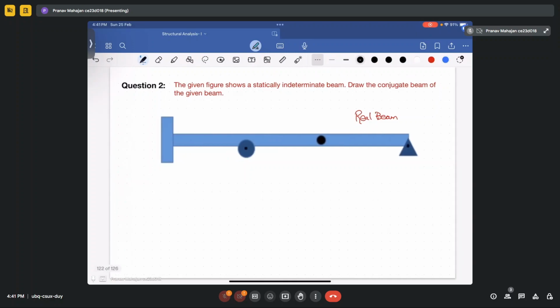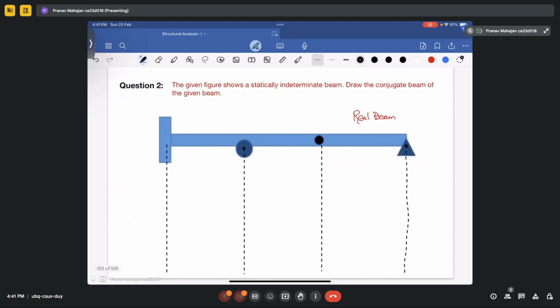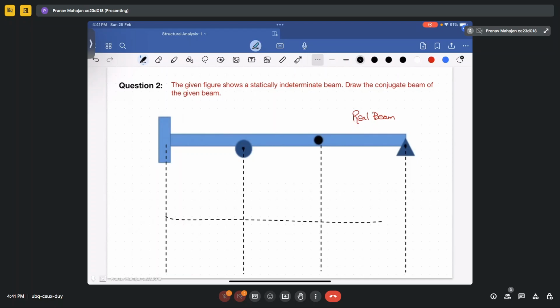So first make a few lines. Okay. So now your fixed support will be your free support in the conjugate beam. This is an externally applied hinge.